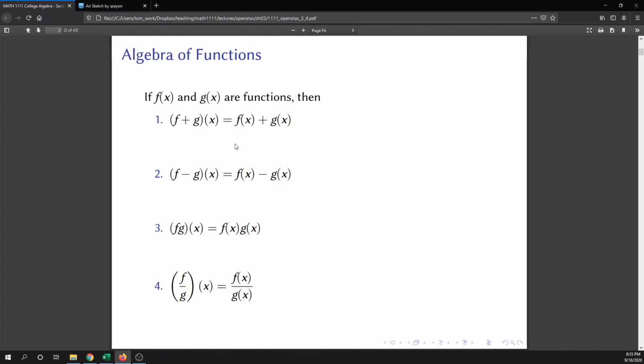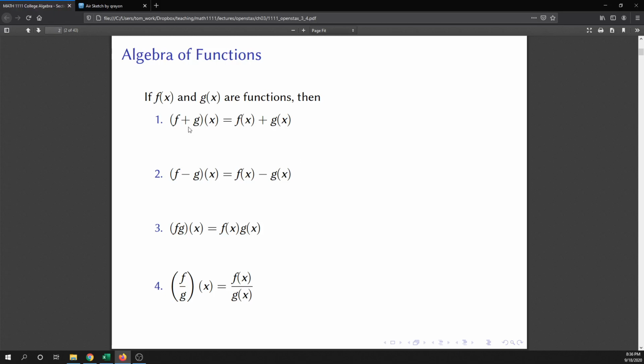All right, and we have these four, f minus g. Right here, we just take the formula for f and subtract off the formula for g. F times g. There, we just take the formula for f and multiply the formula for g to get a new function. And then f divided by g. Take the formula for f and then divide it by g. All right. So those are 4 out of the 5 ways that we'll take a look at.